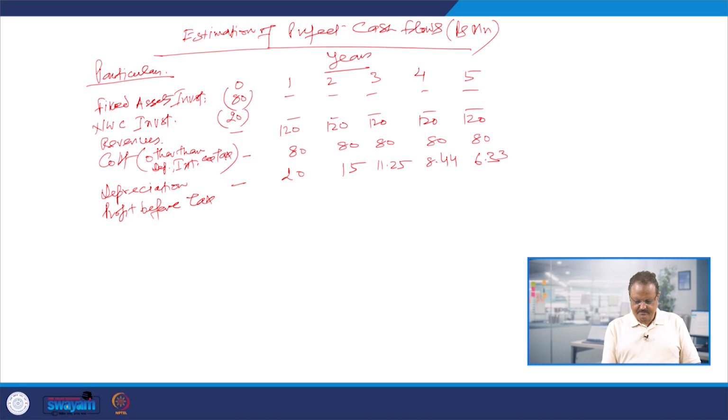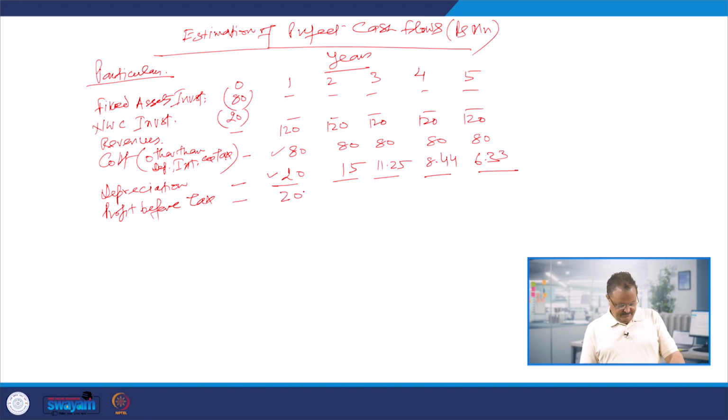When you calculate the profit before tax, we are going to take nothing here. And what are the two costs here? The first cost is the 80 and this is the depreciation 20. So the profit before tax is going to be 20 here. This is the PBT in the first case.